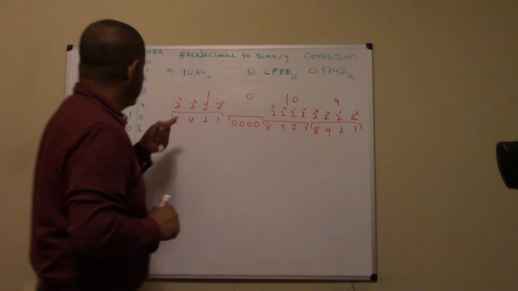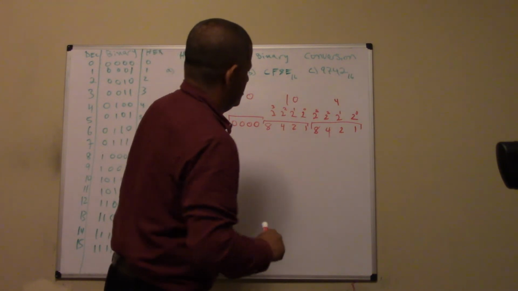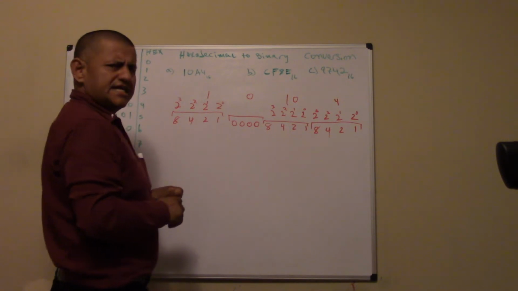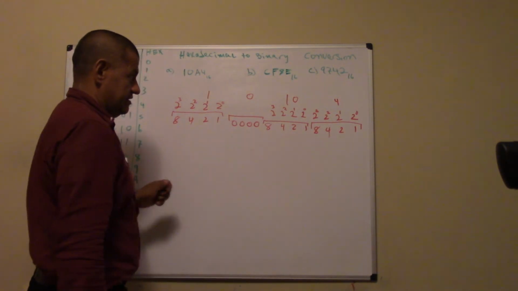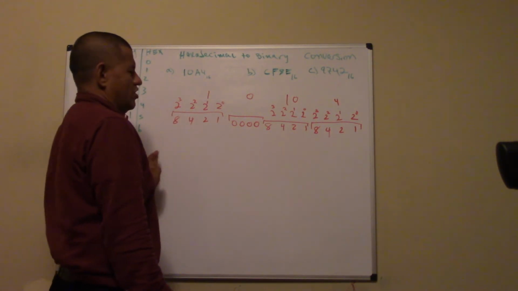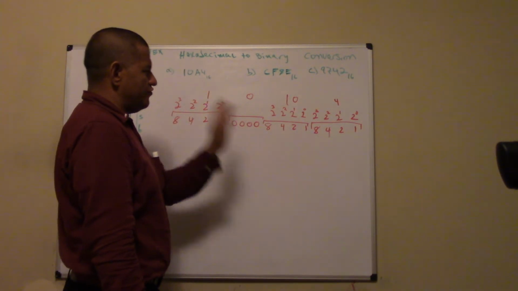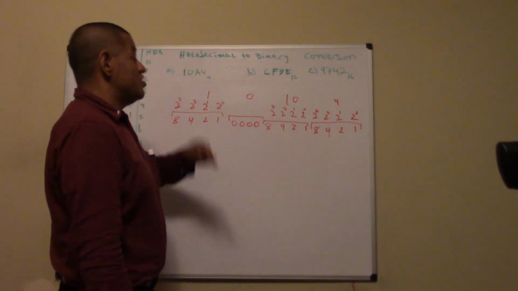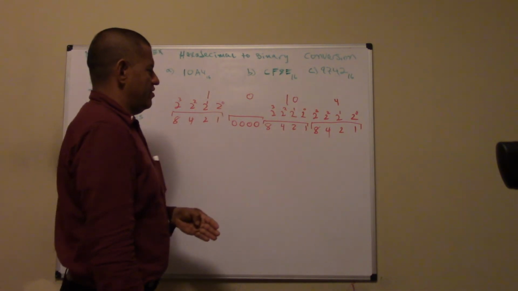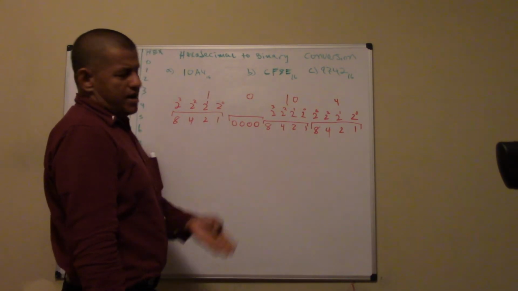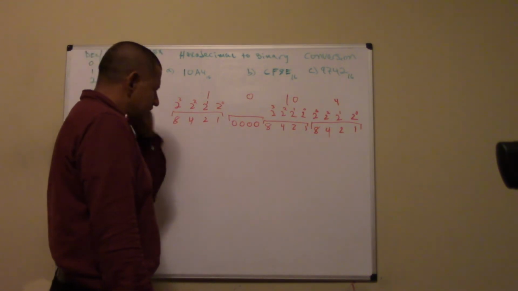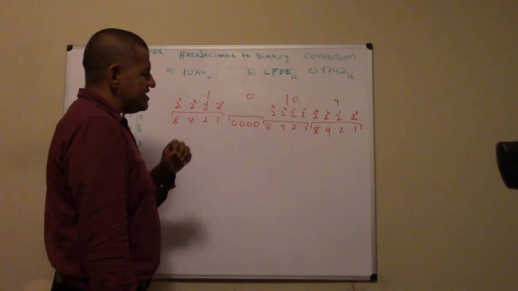Okay, now that we have all the numbers separated, we can actually see what numbers we need to complete the decimal part, right? Because that's what we're doing. We're going from hexadecimal to binary. So the next step is what bits I need on or off, or zeros or ones, whichever way is helpful for you.